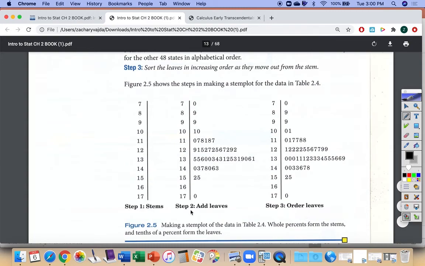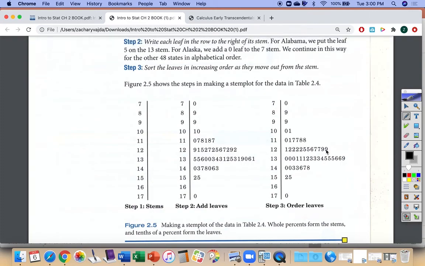Finally, the third step in every stem and leaf plot is to take each one of these rows and put it in order from smallest to tallest. They did not split the stems here. We don't often split the stems. But what you see here is I can very quickly see this distribution has, again, a symmetric shape. Look at that. Bounces up, bounces back down.